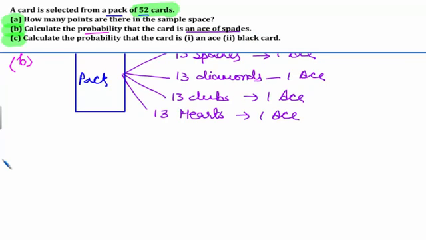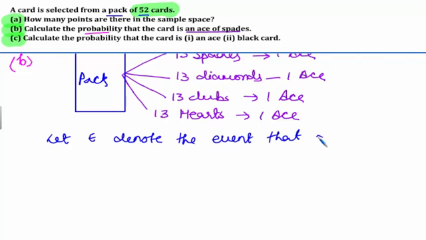And we have to find the probability that the card is an ace of spades. So let E denote the event that an ace of spade is drawn.